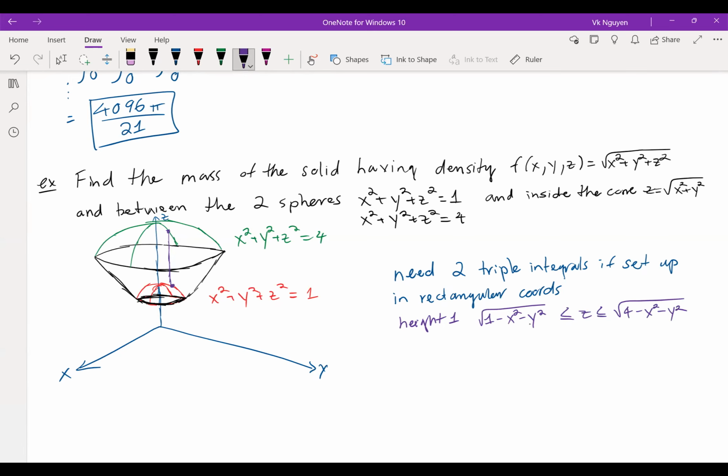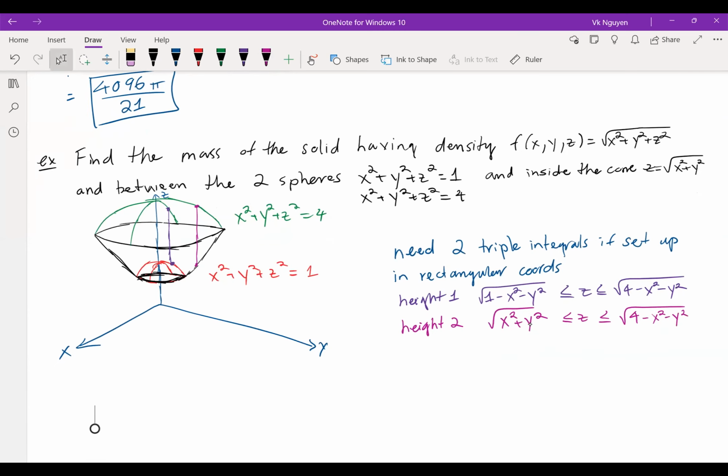And then the second height is from the cone, root of x squared plus y squared, to the sphere, root of 4 minus x squared minus y squared.